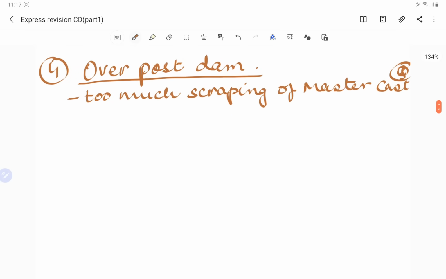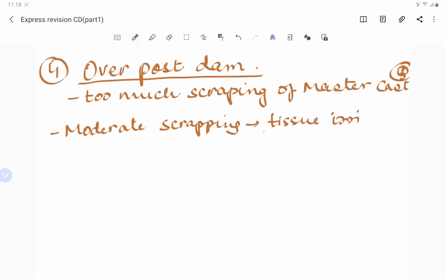When there is too much scraping, there is over post damming. When there is moderate scraping, what will happen? Then there is going to be tissue irritation.